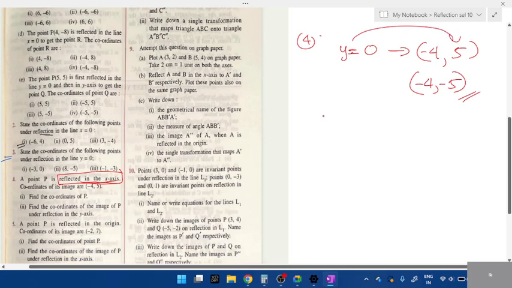Y value. The reason I'm asking you all, how will you remember this? For example, in GST concept, you'll remember I taught you intersection, not intersection. What is that? Intrastate, same state, different state. In the same way, how will you all remember y is 0?